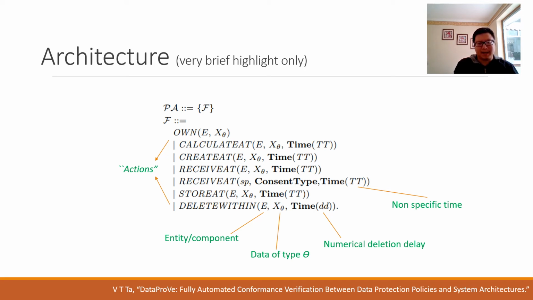This is denoted by x theta here, at some non-specific time, which is denoted by time tt in this case. Similarly, receive denotes that E can receive the data x theta at some non-specific time. The rest of the actions can be interpreted in the same way.